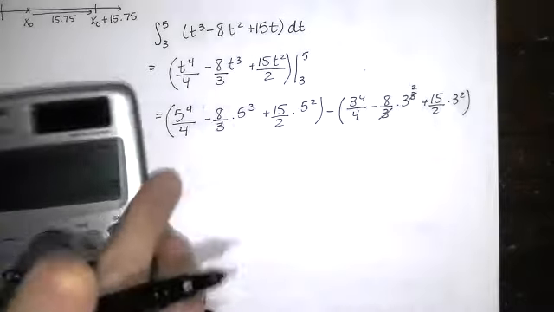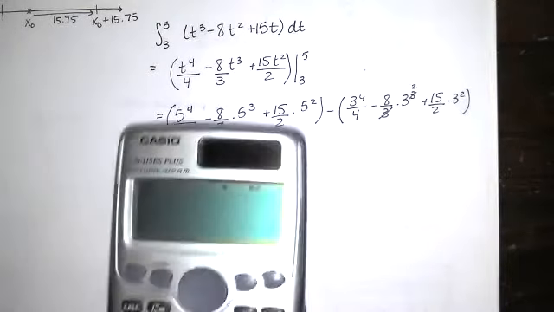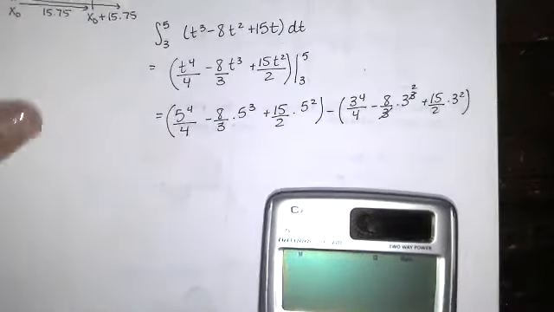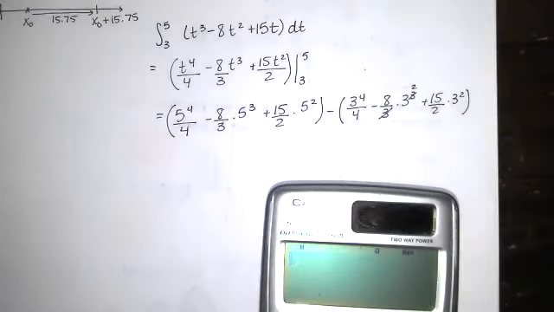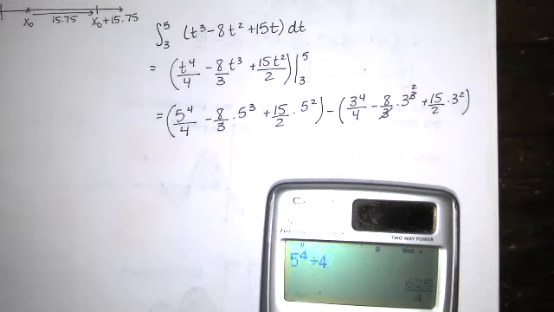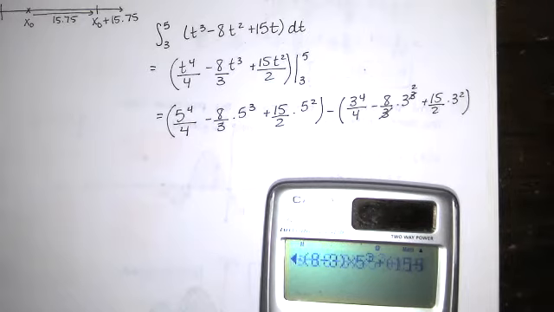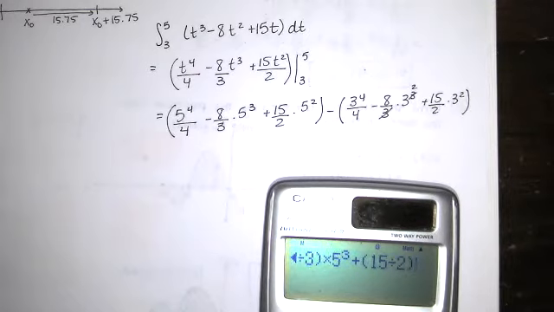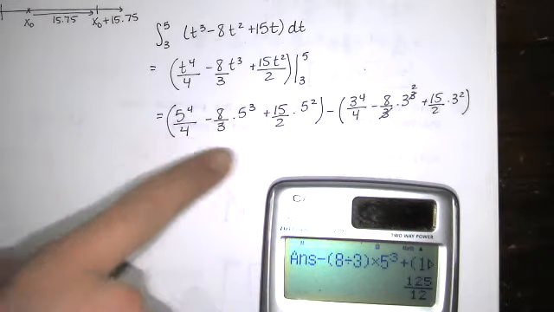Now I'm not going to bother doing the arithmetic by hand. I'm just going to do all of this on my calculator. So I've got 5 to the 4th over 4 minus 8 over 3 times 5 cubed plus 15 over 2 times 5 squared. And that's that first part.